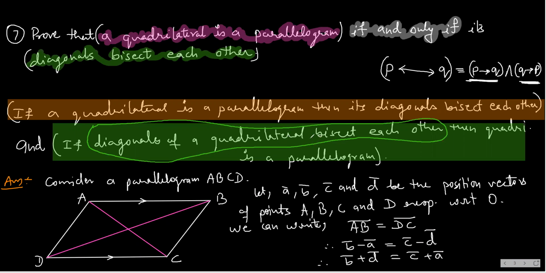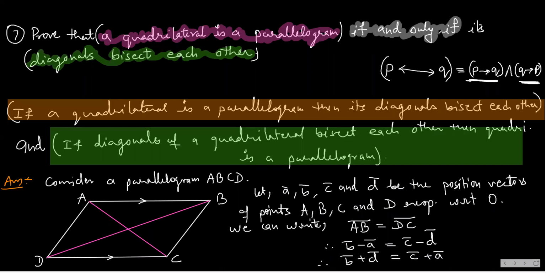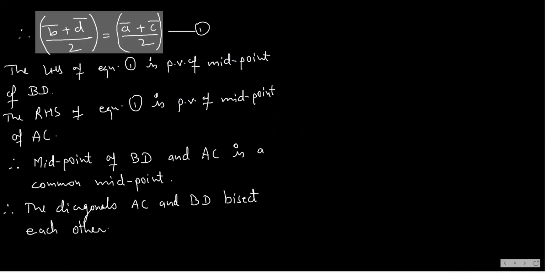Here we will start with what we proved in the earlier one, with the data as diagonals are bisecting. And what we have to prove? We have to prove that in such a case, the quadrilateral will be a parallelogram. So here I start with the next part.